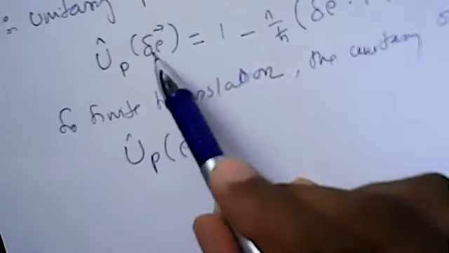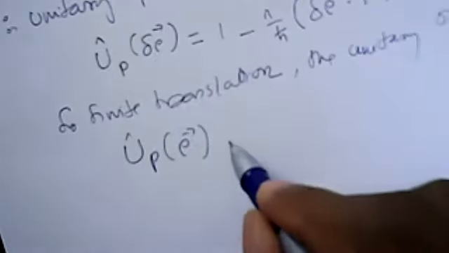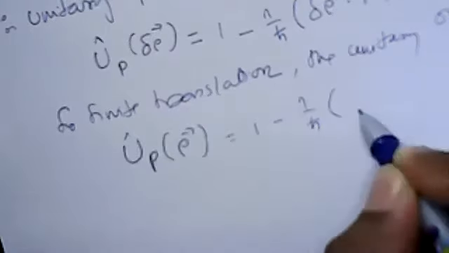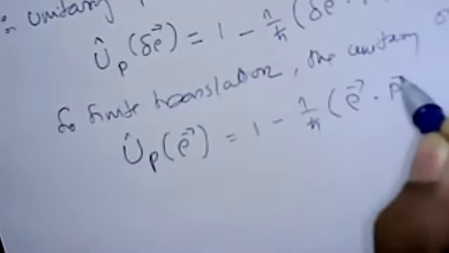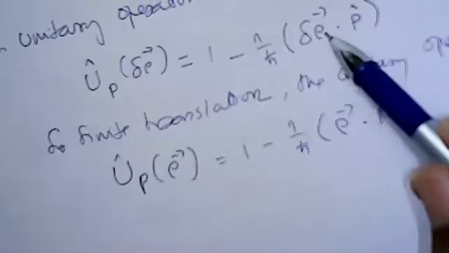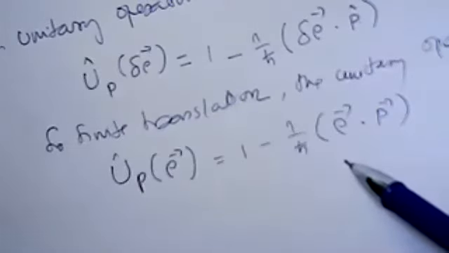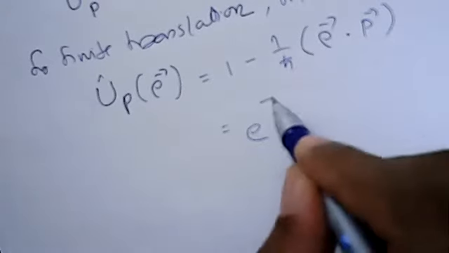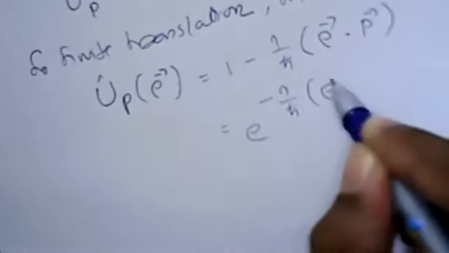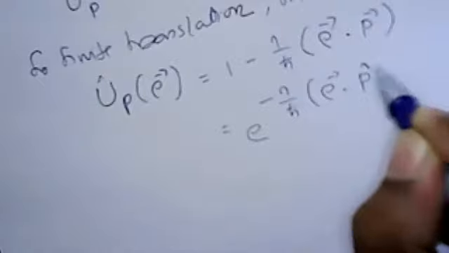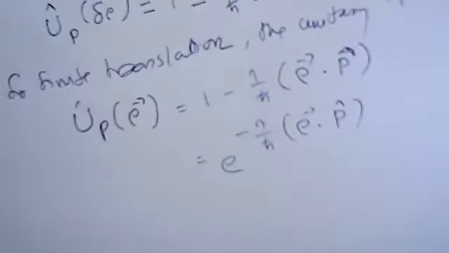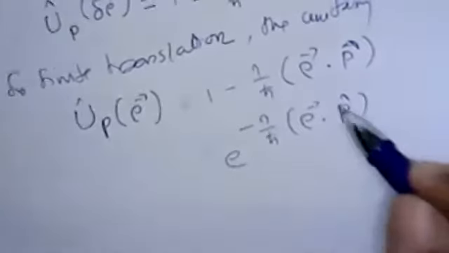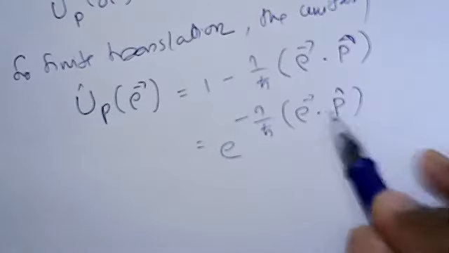We change delta rho into rho, so 1 minus i by h cross rho dot p becomes e to the power of minus i by h cross rho dot p, with p the operator. Rho is the finite translation in space.